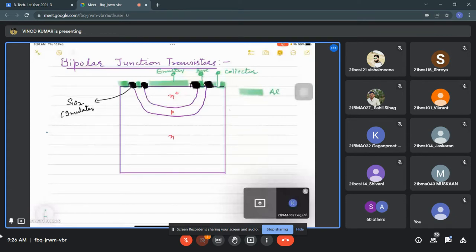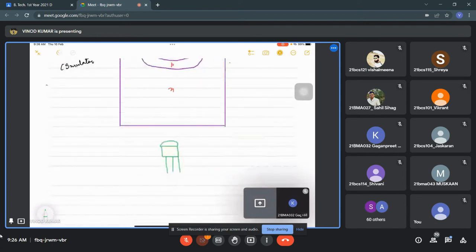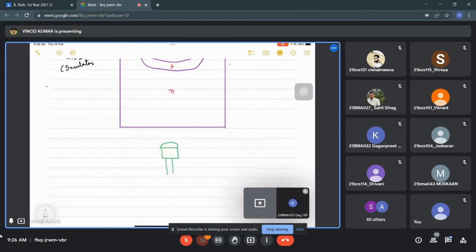So this is emitter, base, and collector.